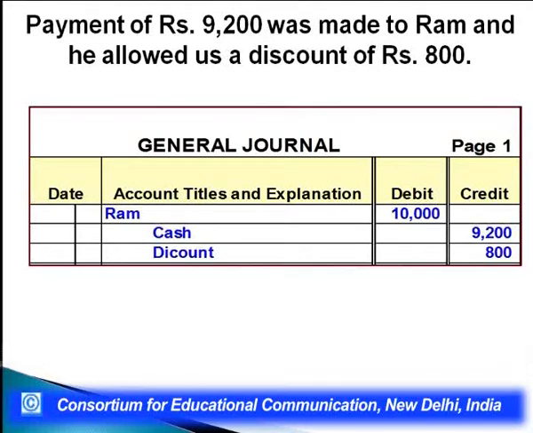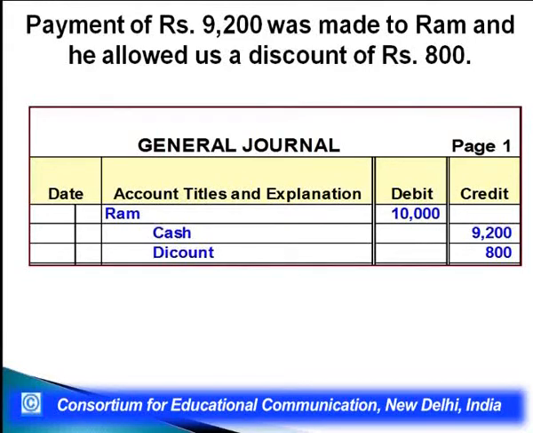So it means I as a business owe Ram 10,000, right? First of all, we need to be clear, because if I'm actually paying 9,200, my actual due amount was more than that. After discount, my payment is 9,200 and discount is 800. It means 9,200 plus 800 comes to 10,000. So I know I owe Ram 10,000.